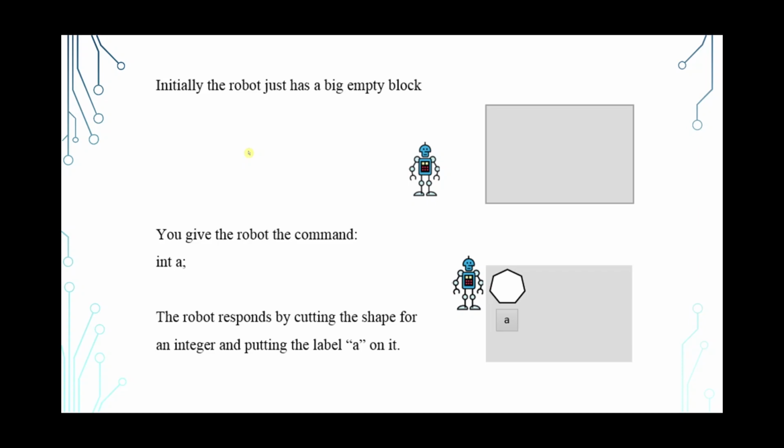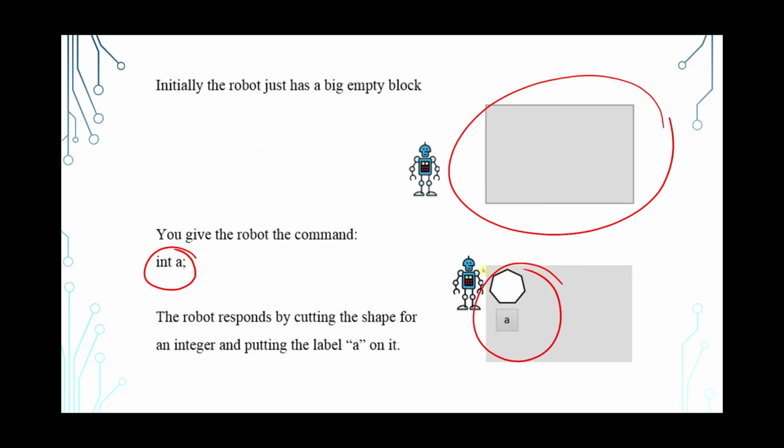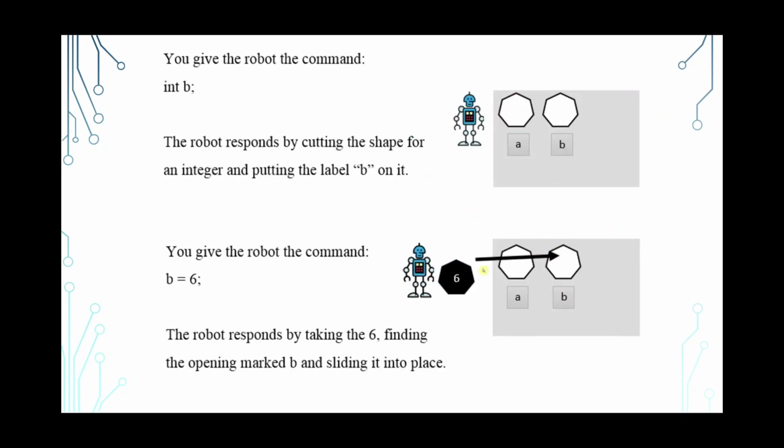So initially, the robot just has a big empty block. Then you give the robot the command int a, which is create a variable named a of type int. The robot responds by cutting the shape of an integer and putting the label a on it. Now we are going to create another variable, int b.